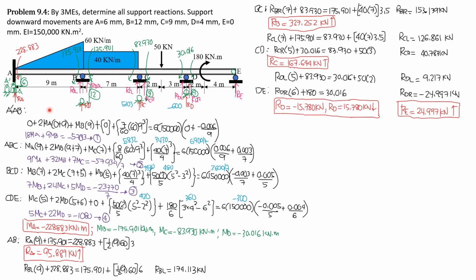So we have A, B, C. Take note, we have moment at A, an interior pin, so there is moment expected, although the original is fixed.